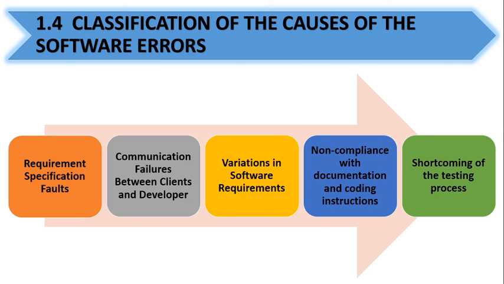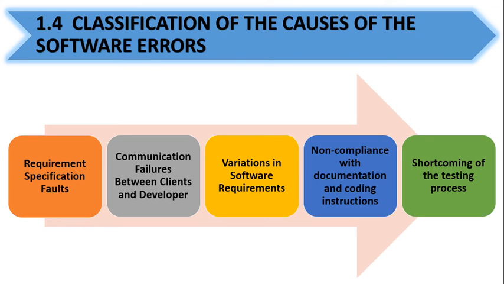The main errors of this type are giving incorrect requirement definitions, incomplete or absent main requirements, unnecessary requirements, or non-functional requirements. So these are the main reasons for requirement specification faults.